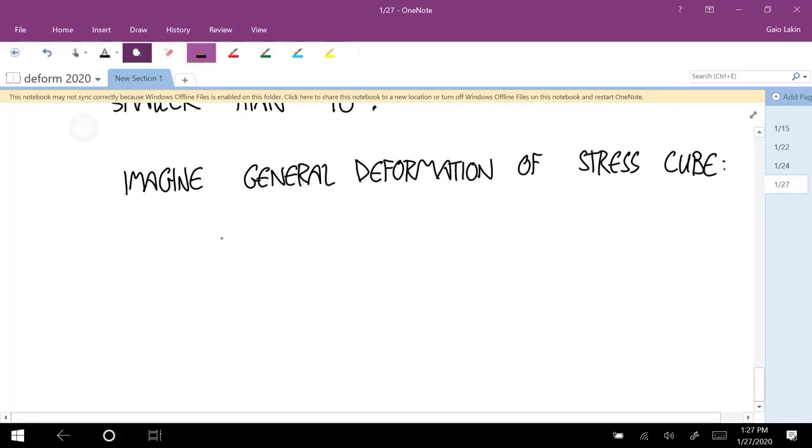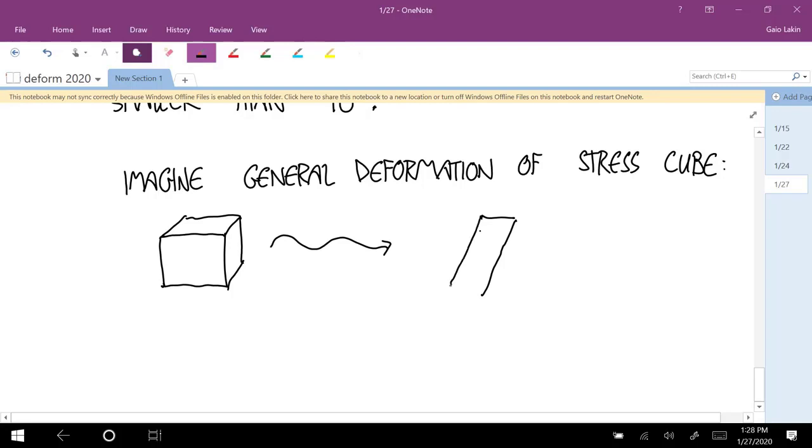What you have is you start out with a cube, and after the deformation, you end up with a parallelepiped.